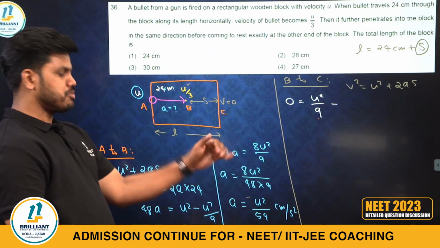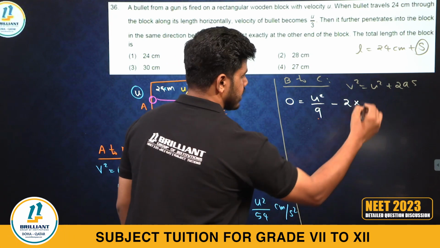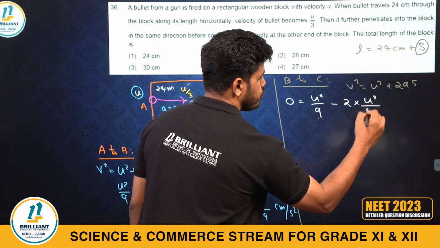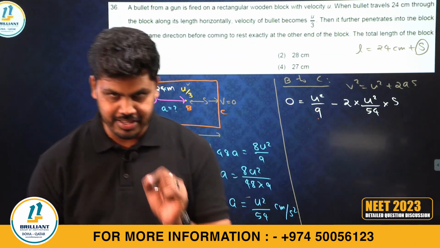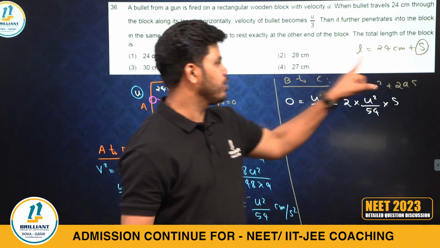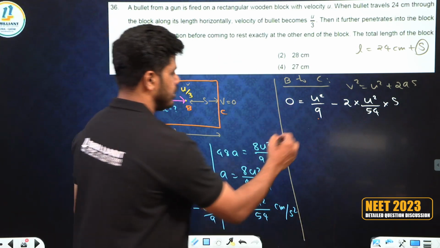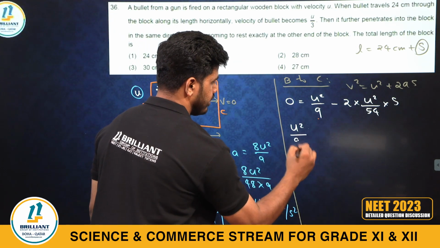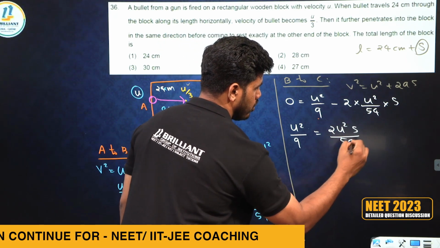Plus 2as becomes minus because it's a retardation. Minus 2 into acceleration is u square by 54 into s. Now only s is unknown. If you know s, you will get the final answer. Done. Finished. Right? So we will get u square by 9 on one side is equal to 2u square s by 54 on the other side.